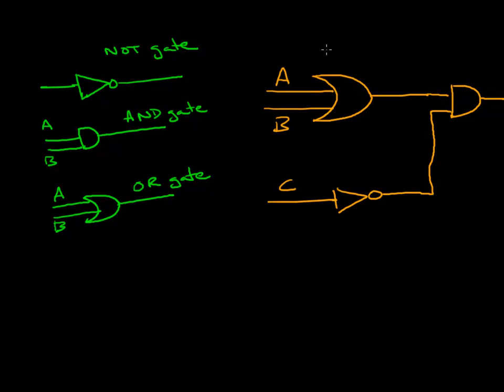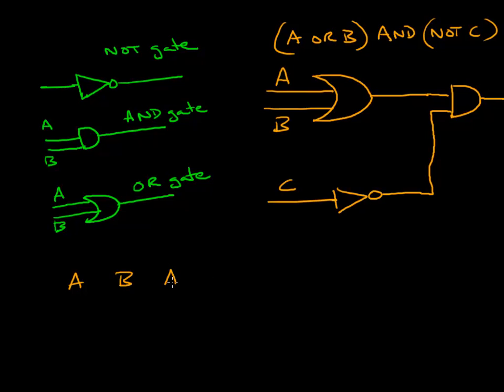And I'll write that out for you. So it's A or B and NOT C. So my truth table will be A as my input and B as my input, and then I'm going to have A or B. So that will be here what the result of A or B is.